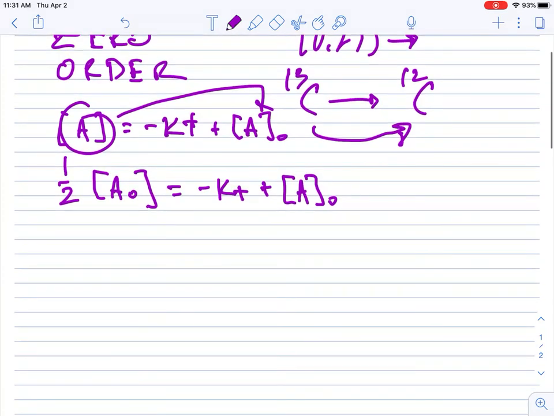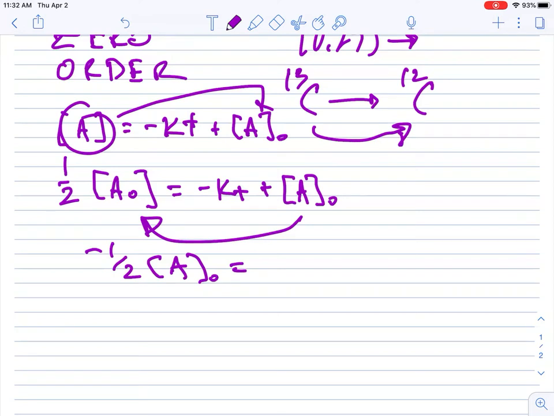If we subtract over, we get negative 1/2 A naught equals negative kt. Then to solve for time, we divide, and the half-life is going to equal A naught divided by 2k.